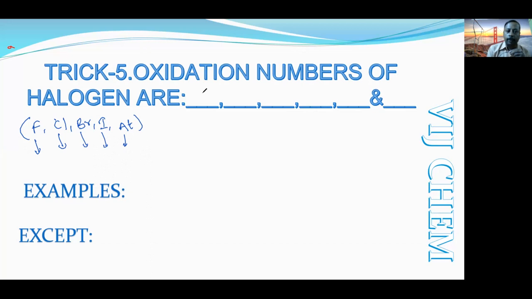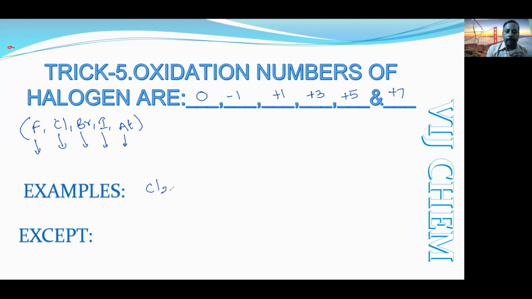Okay. So their oxidation numbers will be 0, -1, +1, +3, +5 and +7. Okay, so let me take some examples.